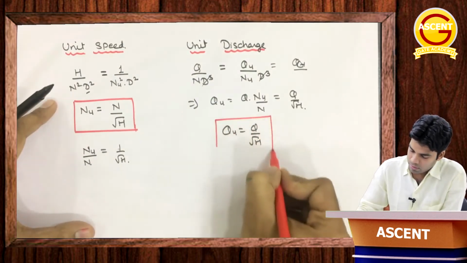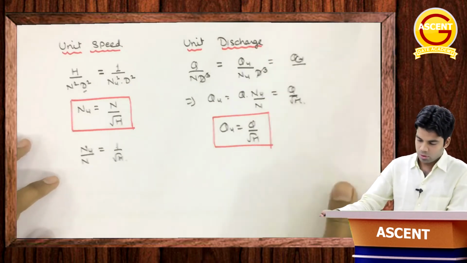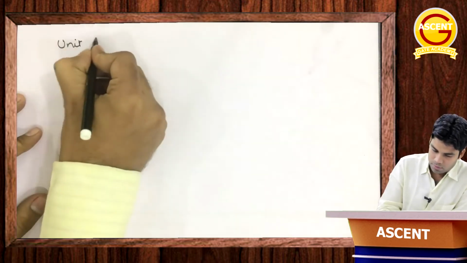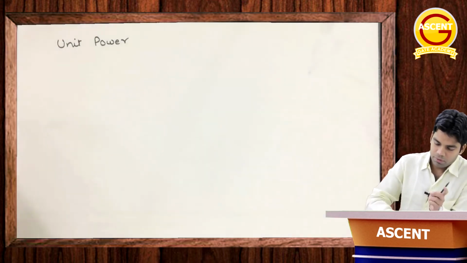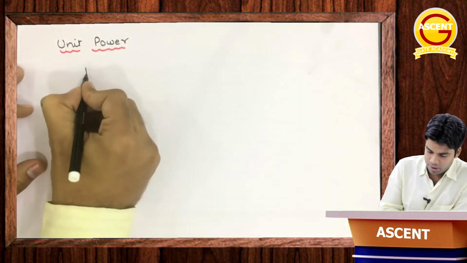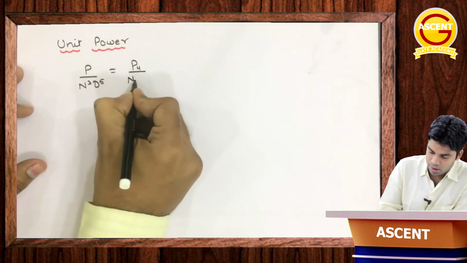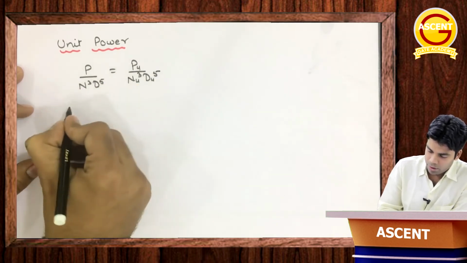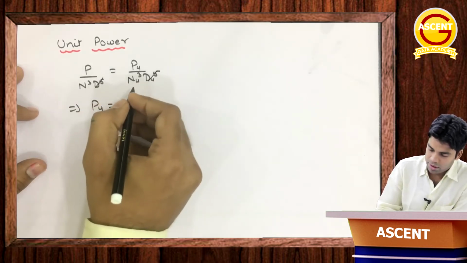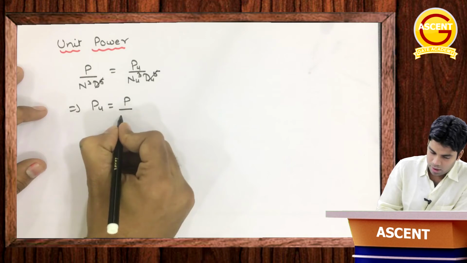Getting this? Unit speed was N by root H, unit discharge is Q by root H. Next is unit power. Same thing we have to do. Power number, which is P by N cube D raised power 5, is equal to Pu by Nu cube D raised power 5. The diameter is the same, so D will be cancelled out.